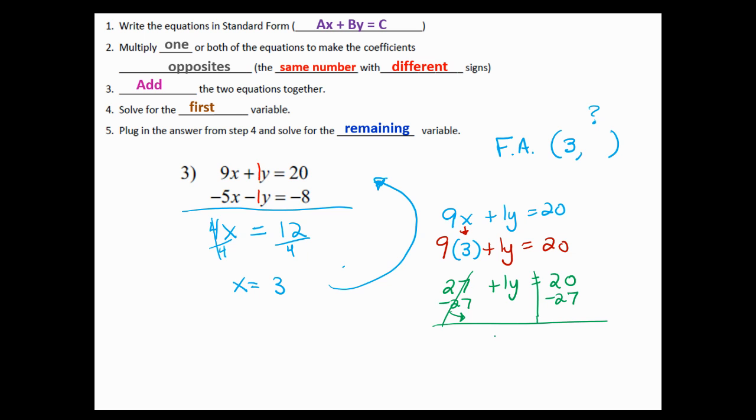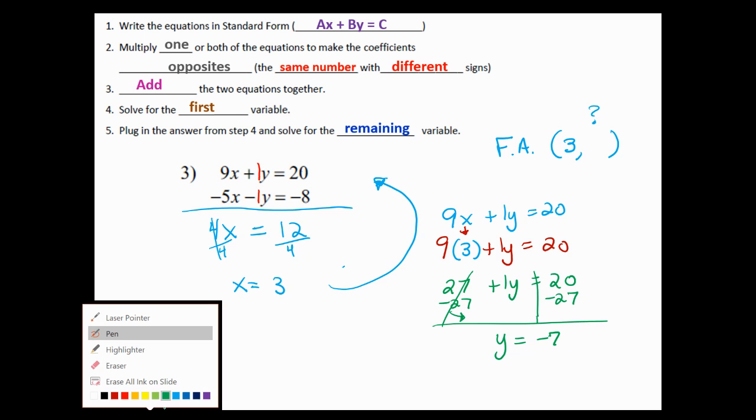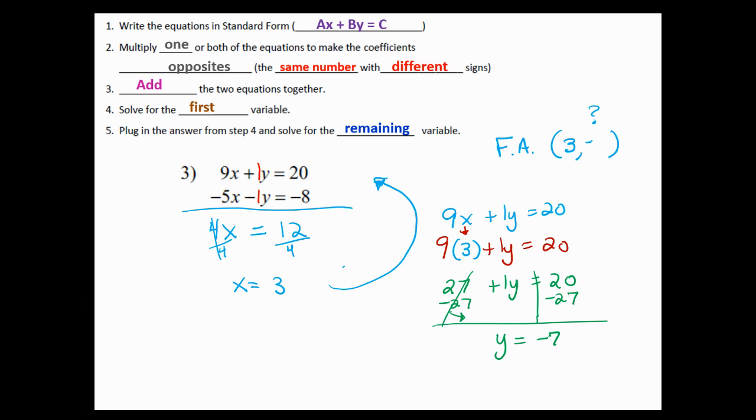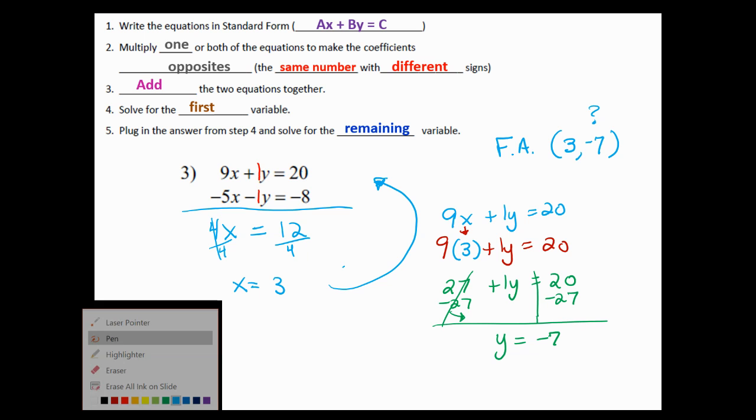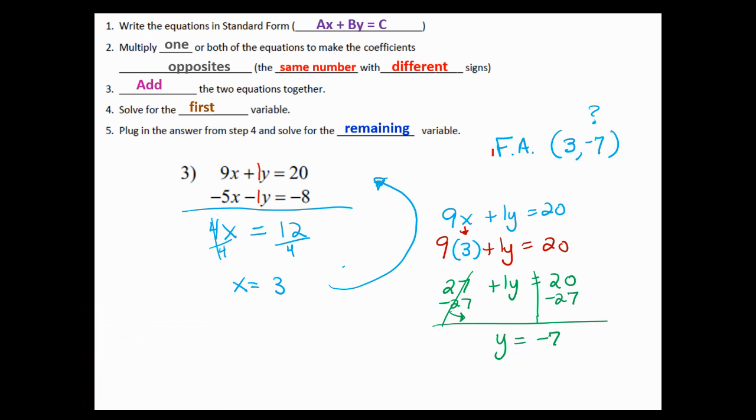So that's 0, so y equals 20 minus 27, which is negative 7. So there's our final answer, negative 7. Okay, oops. Well, I think you can still see that. There's your final answer.